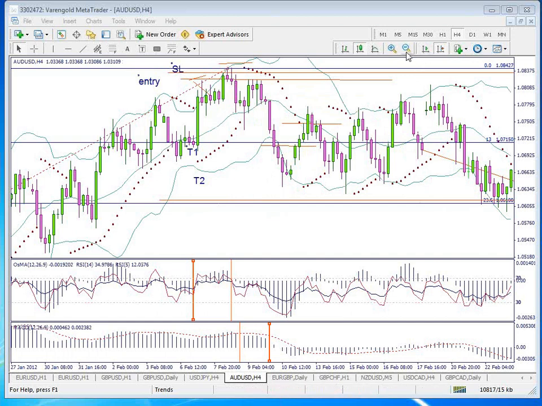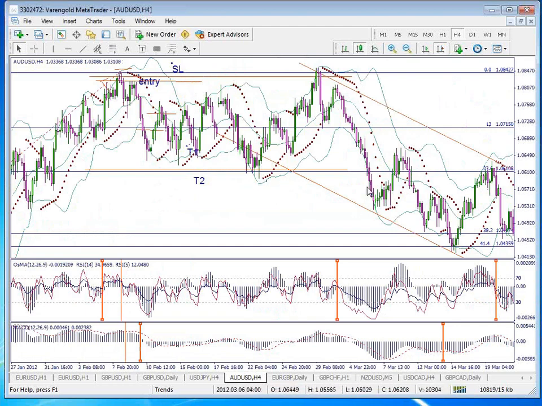You know that the pair has to make one reverse, so you will not be so sure that the pair will have the power to go to the 38.2 level or lower at this moment. So it's better to go with small steps.